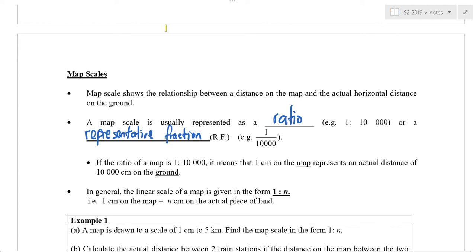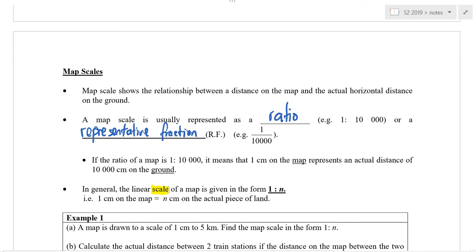Now, the ratio thing you seldom see. RF thing you seldom see as well. So in math context, the most common thing you see is the scale. Can you write down? Can you highlight, Nisa? Scale is always 1 is to n. Okay, just highlight.